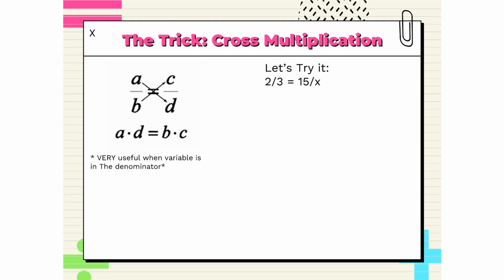Looking at it using letters more algebraically, we do the cross multiplication, and then we end up with A times D is equal to B times C. We can also rearrange that further.